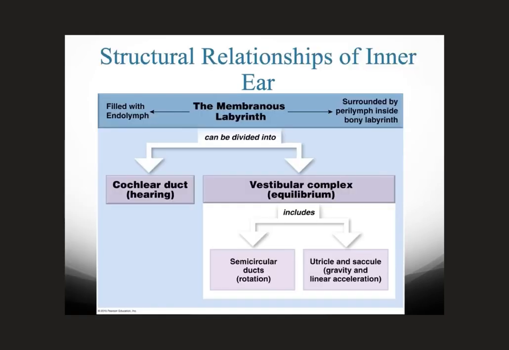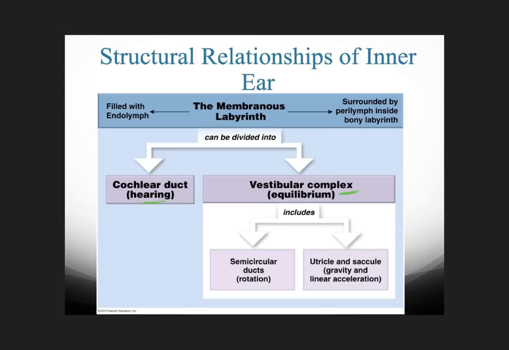Now before we move on and talk about the inner ear structures, this is sort of a little graph that summarizes what part of the inner ear is going to give you the function of hearing, and what part is going to give you the function of equilibrium.